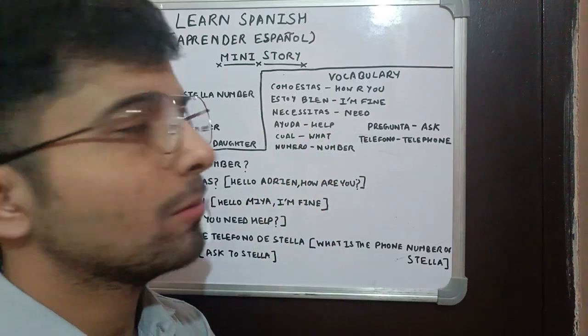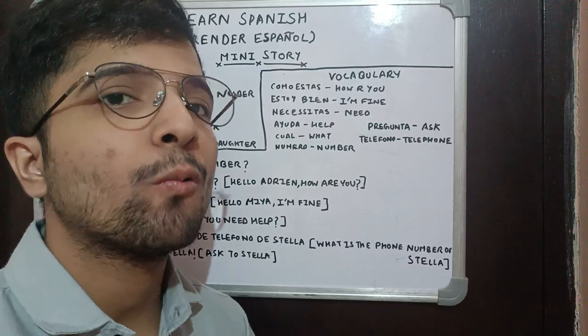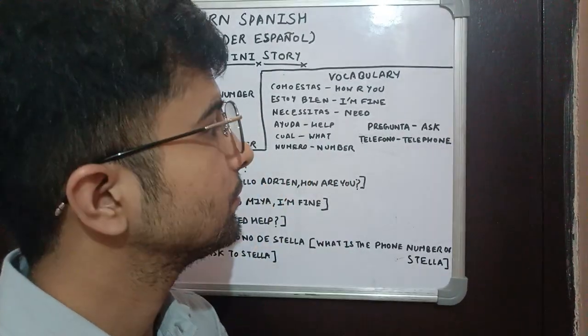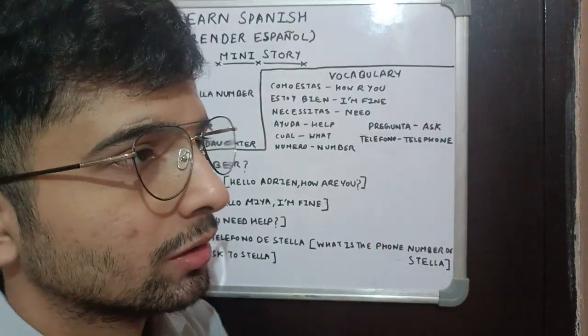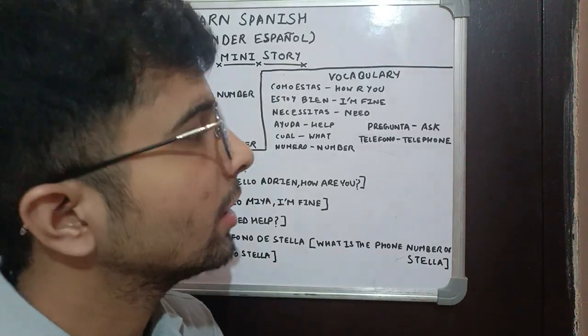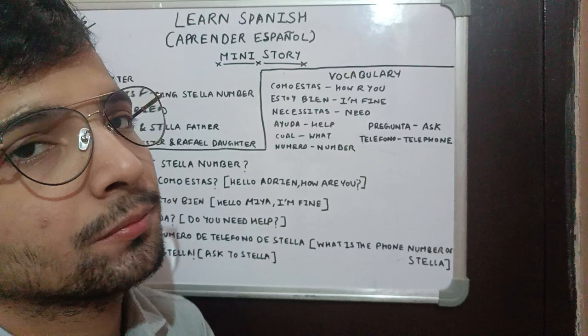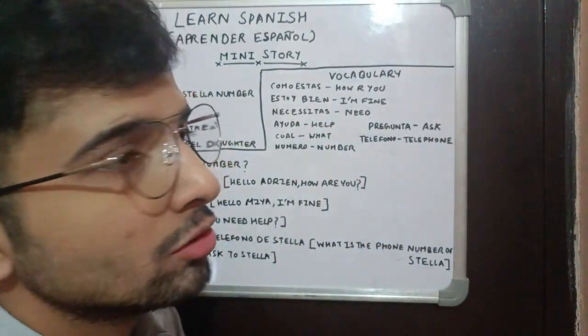Ayuda, help. ¿Cuál? ¿Cuál means what? Número, number. Pregunta, ask. If you're asking something, then pregunta. Teléfono, telephone. So these are the words which I am using in this conversation.